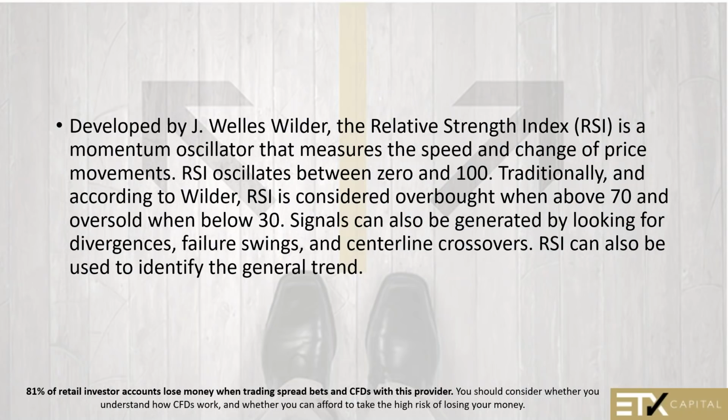And then it is also interpreted between what's called the 30 and the 70. Above 70 and below 30 give us signals. So below 30, the market is said to be oversold, and above 70, the market is said to be overbought.